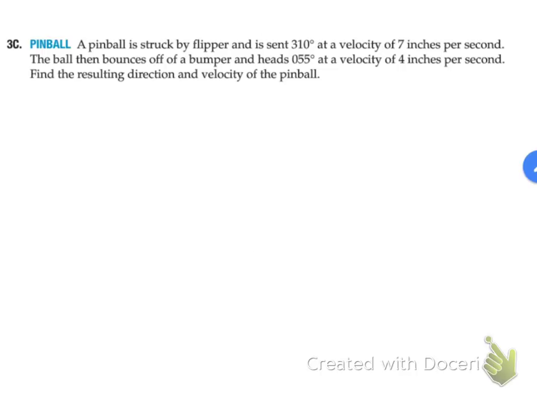I'm going to get rid of these for a second. I'm going to try using a protractor. Okay. If I did this, how many degrees more than 180 is it?